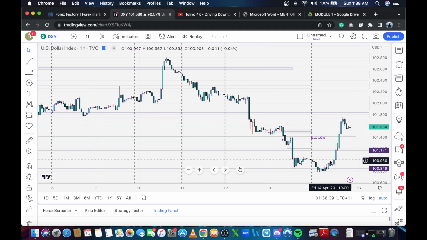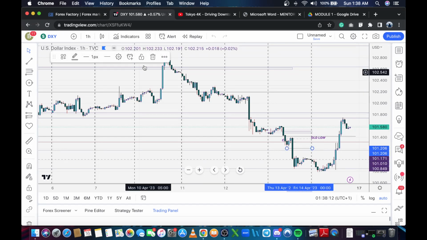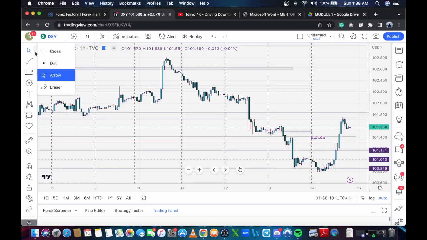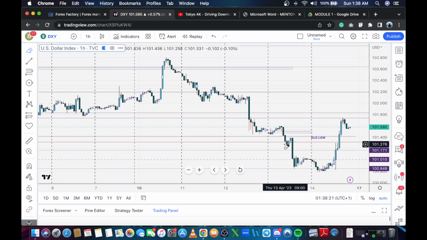That's a discount rate. So we have a discount there, and let me get rid of all of the annotations here. There's a lot of stuff I need to get rid of.